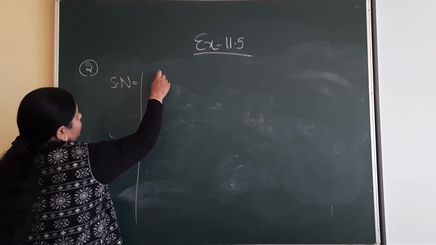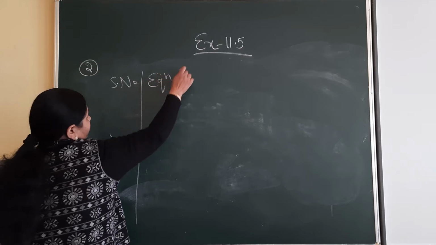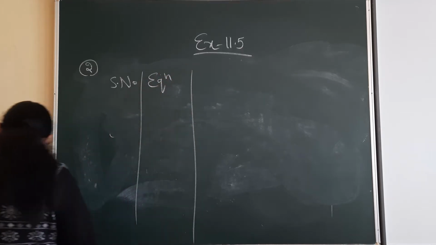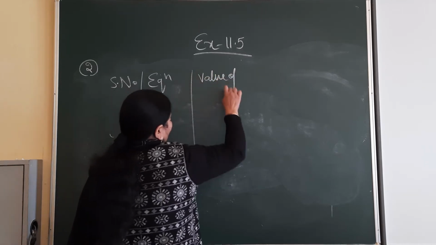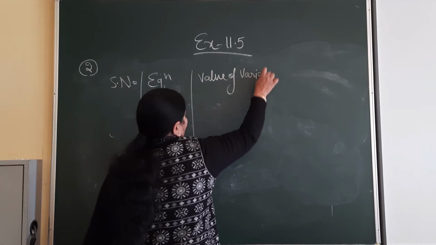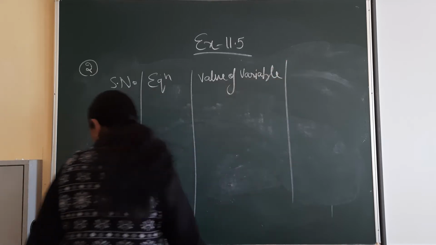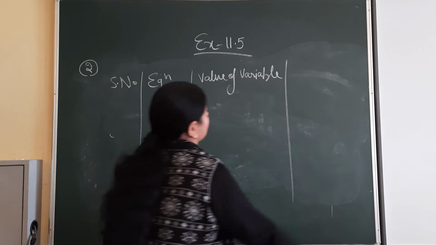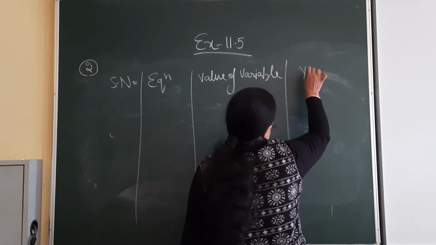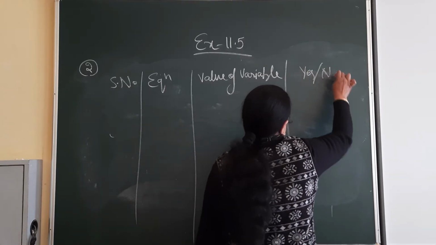Then in the next column it is equations. Write complete spelling of equations. After that, value of variable. And then in the next column, equation satisfied. That means if equation is satisfied, that time you will write yes, otherwise no.